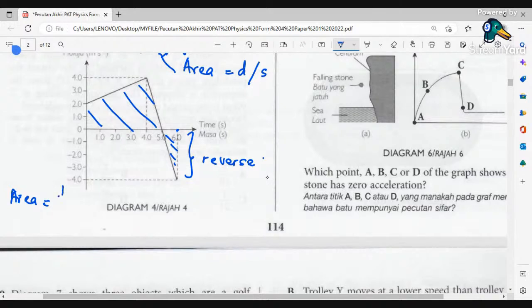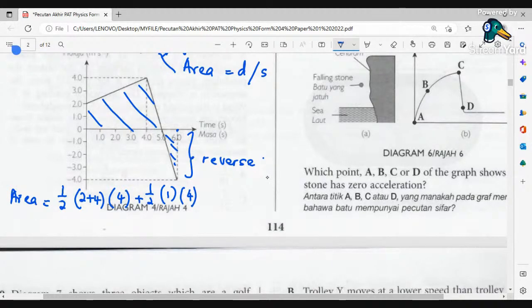The trapezium: half times (2 plus 4) times 4, plus the small triangle, half times (5 minus 4), 1, 4.